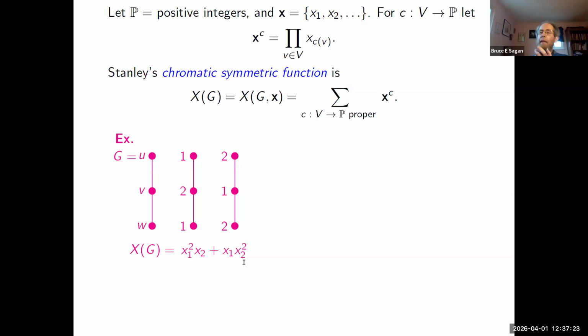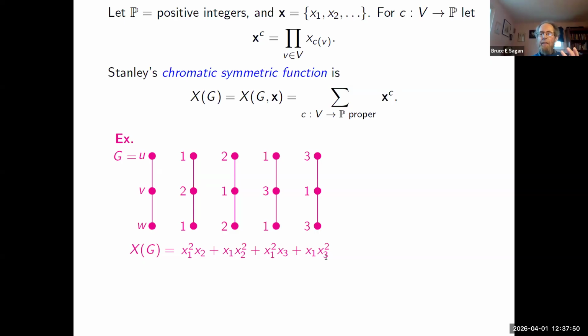Notice this is starting to look symmetric, in the sense that if I exchange x1 and x2 in this part of X of G, it remains invariant, right? Flipping those variables does not change anything. What if I use the colors 1 and 3? Well, it's going to be the same story. I'm going to have two ways of doing it. One of them is going to give me x1 squared x3, and the other x1 x3 squared.